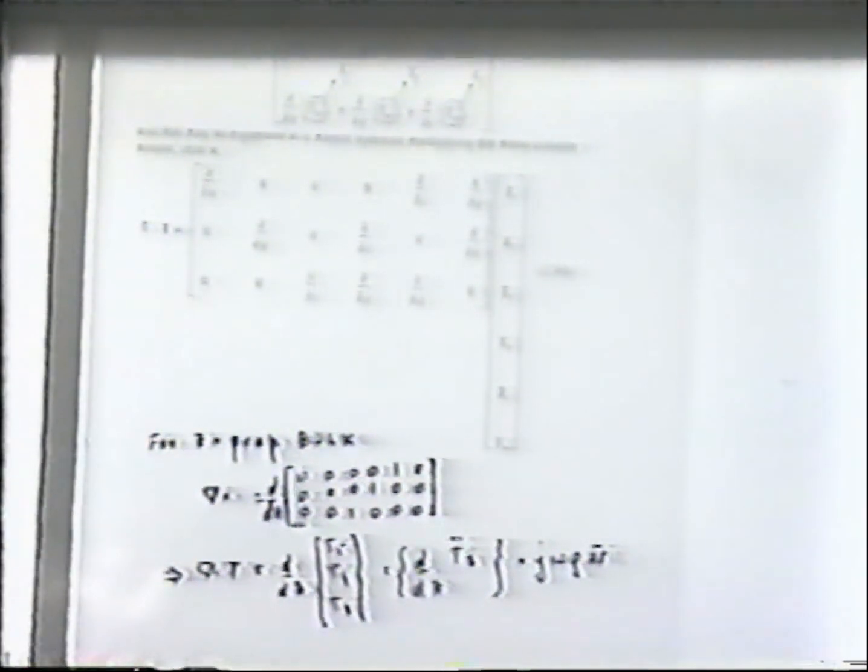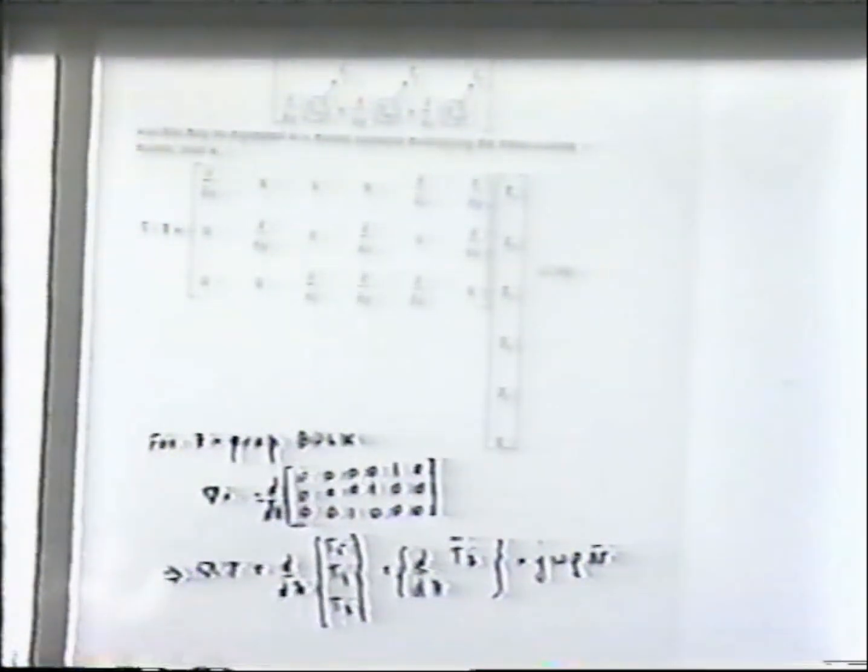Okay? Now here we'd be propagating, let's say, in the x1 direction, and the normal would be the z direction. The only zero derivative in these matrices will be the d by dy, the y component.